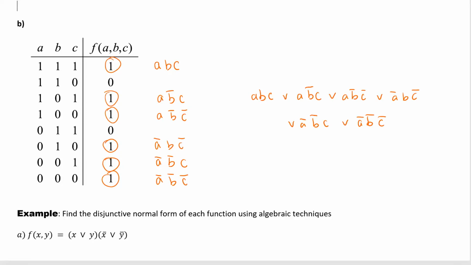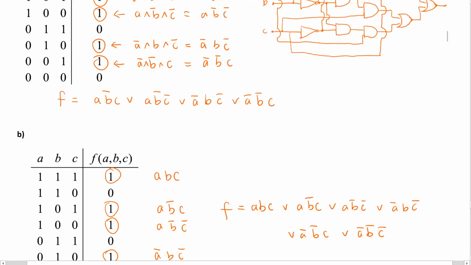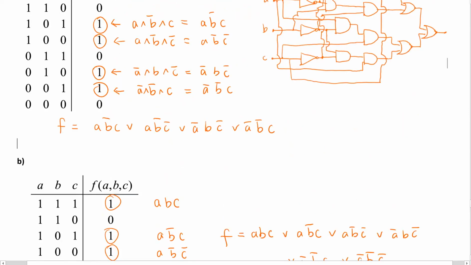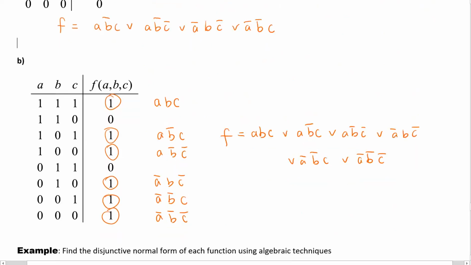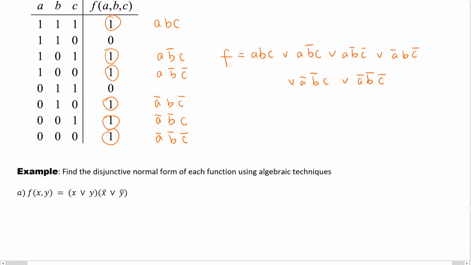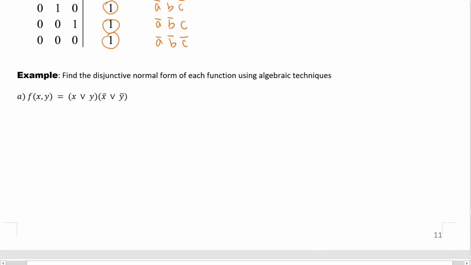All right, and this is our F. And here, the combinatorial circuit is going to be more complicated. So in the last example, we only had 4 mini terms. Right now, we have 6 mini terms, so it will be more complicated. So let's not do it here. Let's continue.